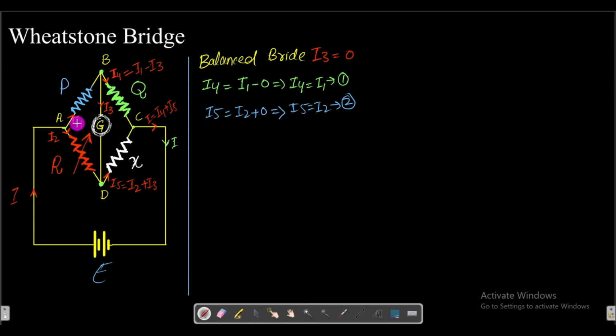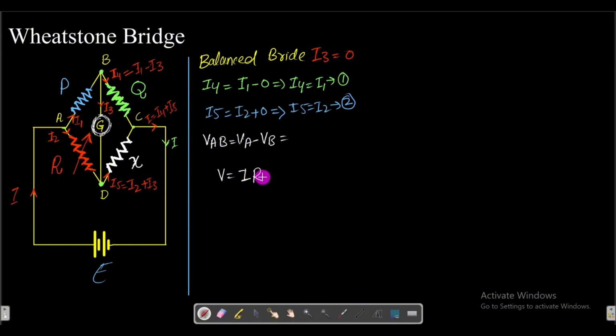Now we will find the potential difference across each resistor. So the potential difference here from A to B is given by VAB, which is equal to VA minus VB. And here the V is given by Ohm's law, V is equal to IR.